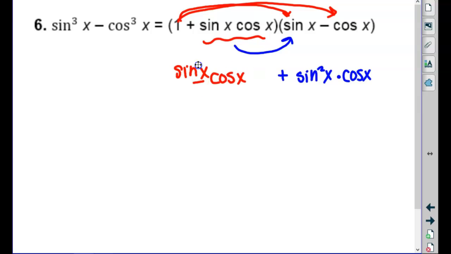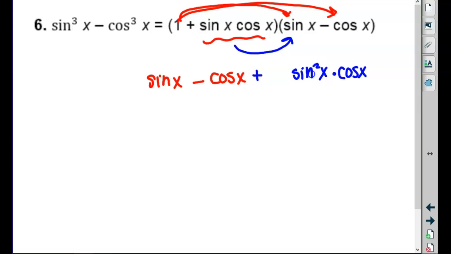Okay, now I have a mess because I didn't leave room. Now I'm doing this big mess times this back here, so it's negative sine x cosine squared.